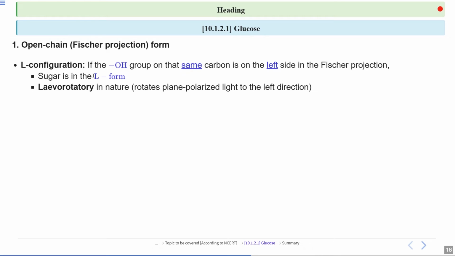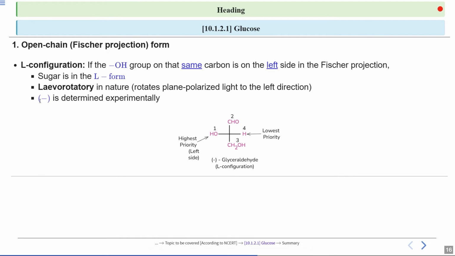Now sugars in the L form are described as levorotatory. This means they rotate the plane polarized light to the left, or we can say counterclockwise. This negative sign indicates leftward rotation of light and this is determined experimentally.